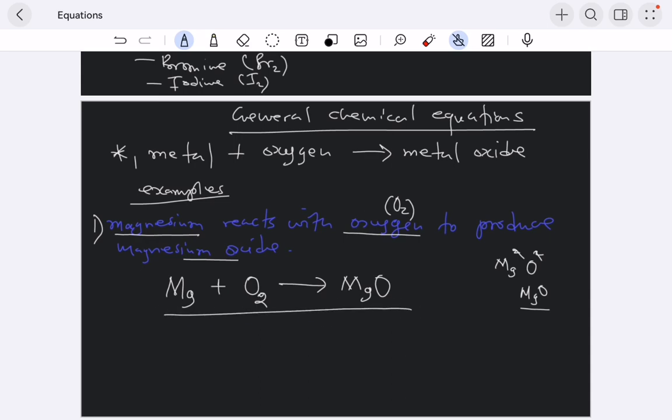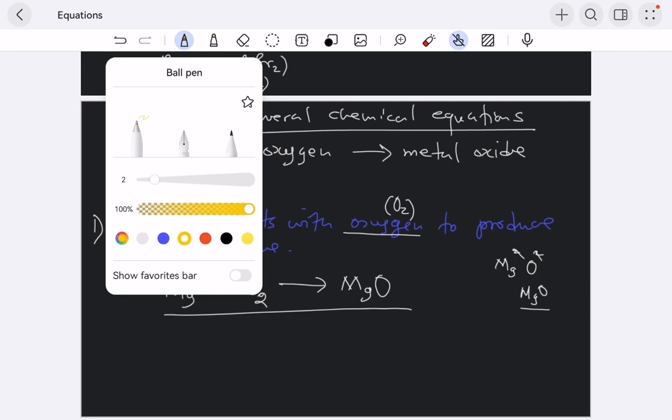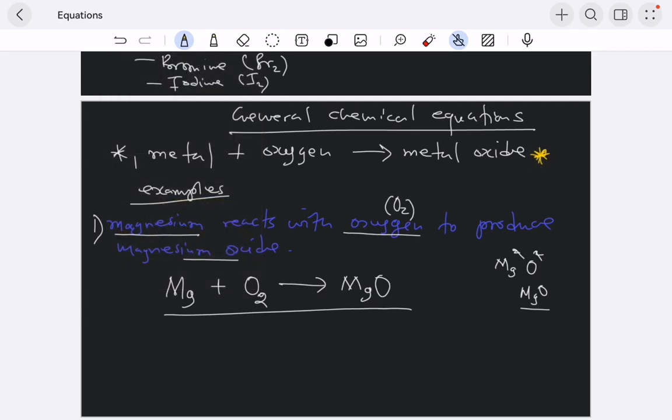This will be called a chemical equation. Remember, we are looking at the reaction of a metal and oxygen. Think of any metal. Let's say potassium. Potassium reacts with oxygen, and this will definitely give us potassium oxide.